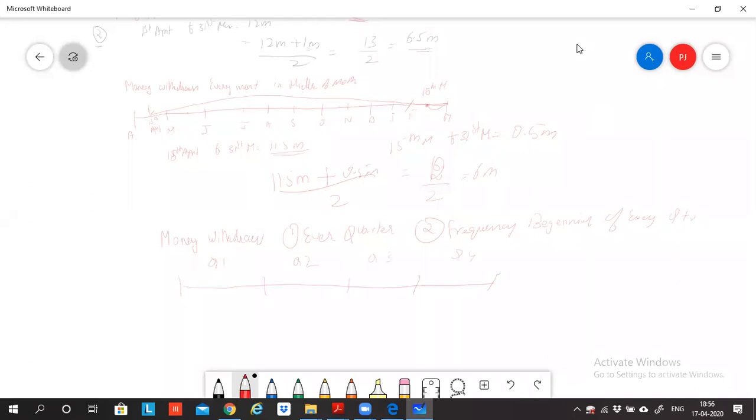April, May, June is the first quarter. July, August and September is another quarter. October, November and December is another quarter. Jan, Feb and March is the fourth quarter, right?